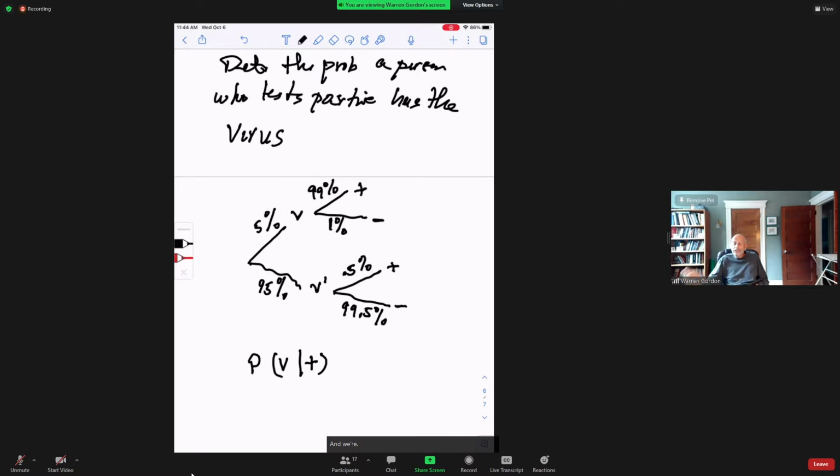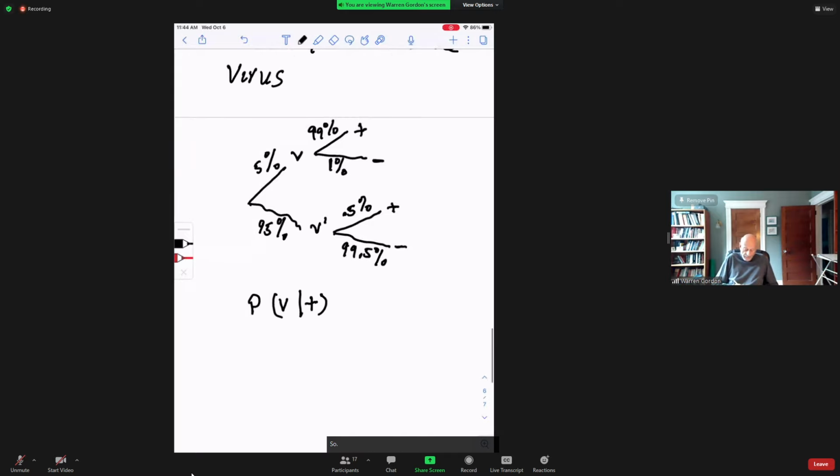And we're asking you about the cause. Do they have the virus or don't they have the virus? So we recognize this to be the so-called effect and cause. I'm giving you the effect and I want to know about the cause. I'm giving you the end of the tree and I want to know about the start of the tree. That's the Bayesian problem.